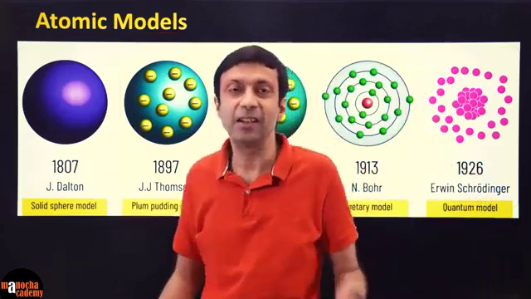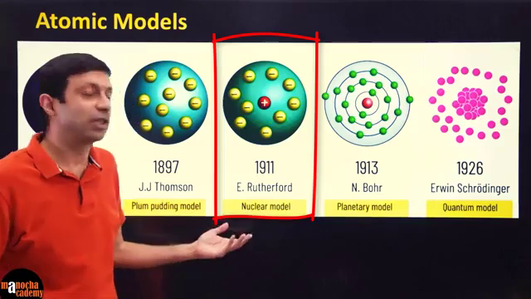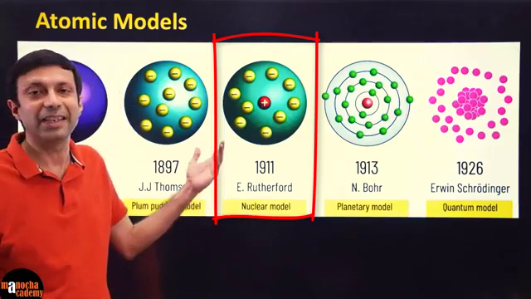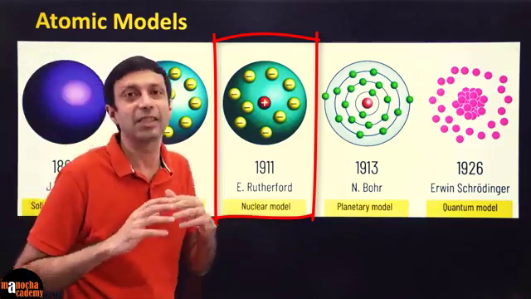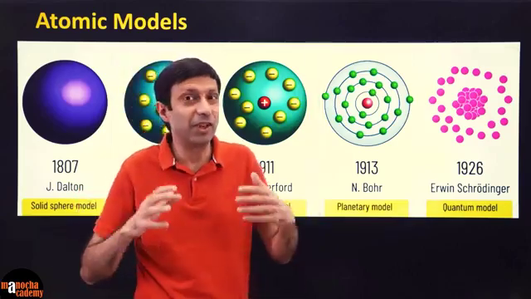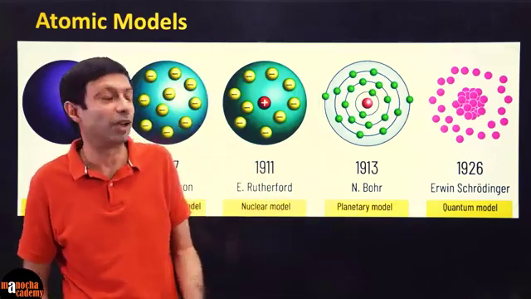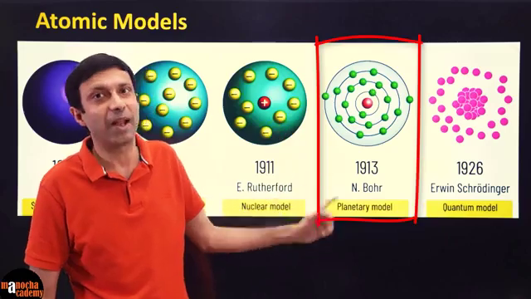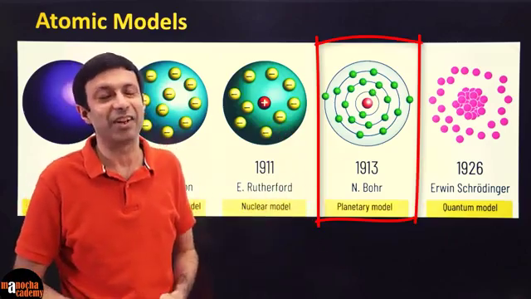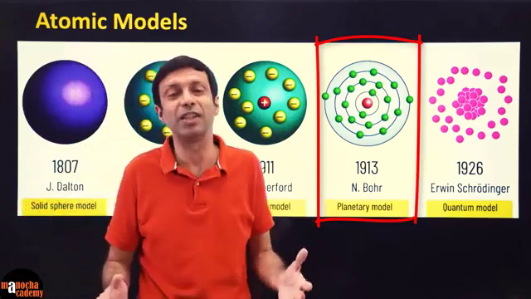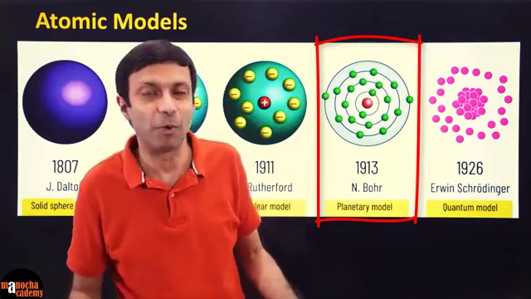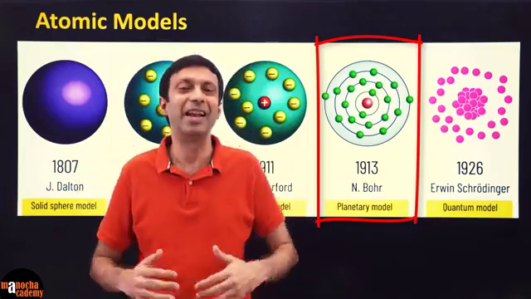Then a few years later, Rutherford proposed the famous nuclear model in 1911 with his alpha scattering experiment. Then we discussed there were drawbacks of Rutherford's model, which were corrected by Bohr's planetary model in 1913. And this is the model we have discussed, Bohr's planetary model or Bohr's atomic model in this video.